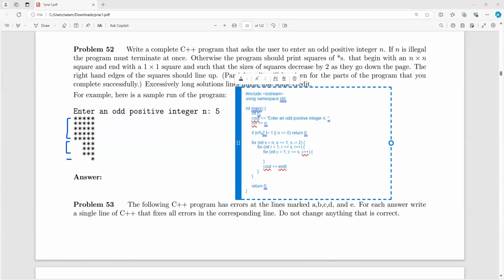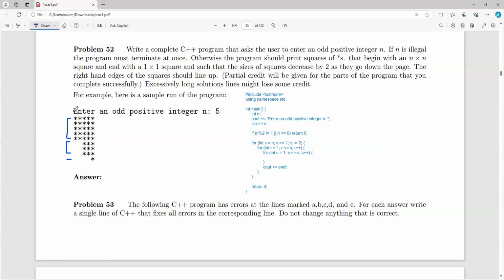So now, what do we want? We want to print, if, so this is just gonna go to column 1, column 2, column 3, column 4, column 5. So s is whatever n is.